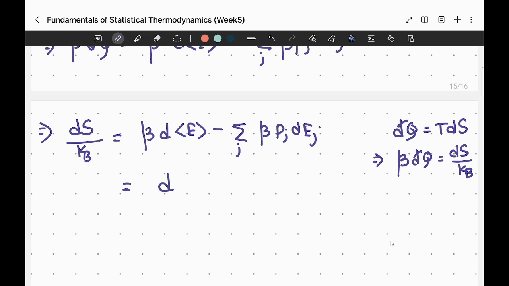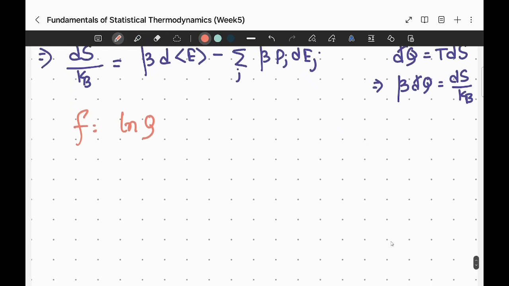Let me think, or I can do it in the next class. If I follow the standard procedure, now I have to introduce a function f, which is like df. Let me introduce it, otherwise it can't be done. This f is, let's say, ln Q. If f is ln Q, it is clear.